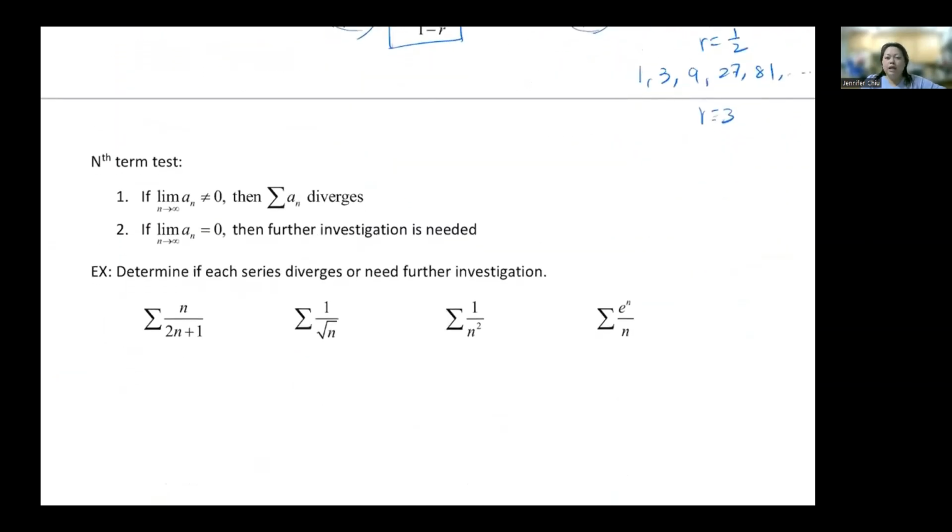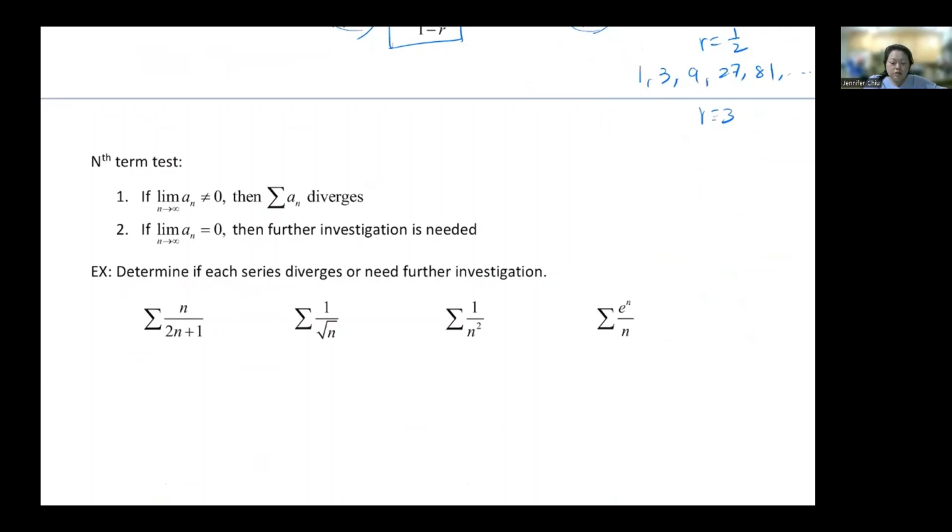All right, here's another thing. This is called the nth term test. We can check and see if something diverges. The nth term test is not super powerful. It is just something useful that if you can show that it diverges, your job is done. You take the limit of the sequence, not the series, so you take each term and see if the term as a function is approaching 0.